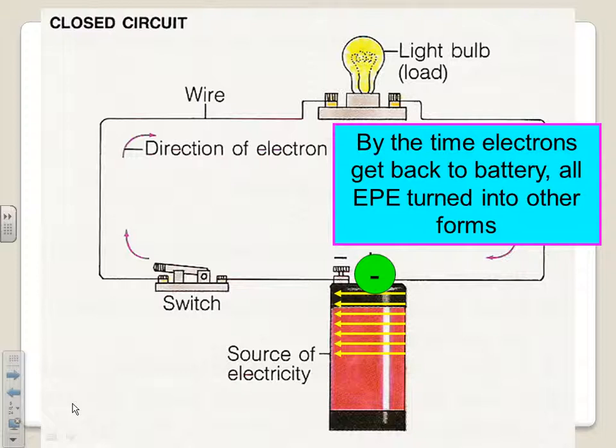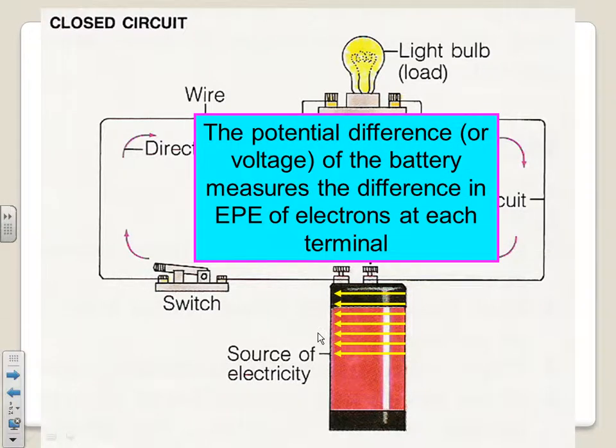The battery does what to those electrons? Work. And it gives them energy, right? Those electrons won't move from the positive terminal of the battery unless we make them move by doing work, right? The battery does work and provides those electrons with energy.